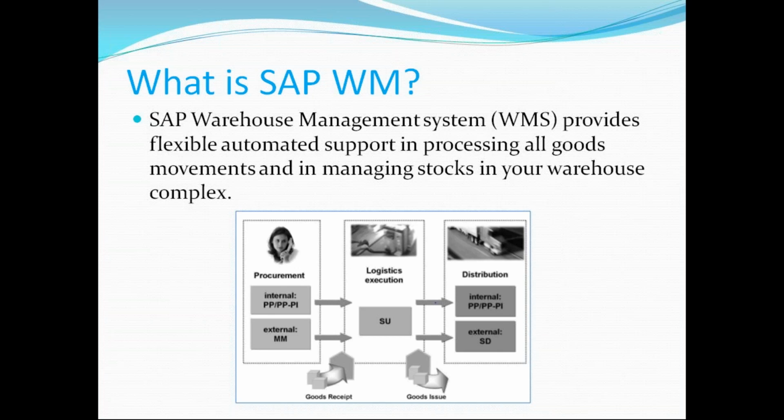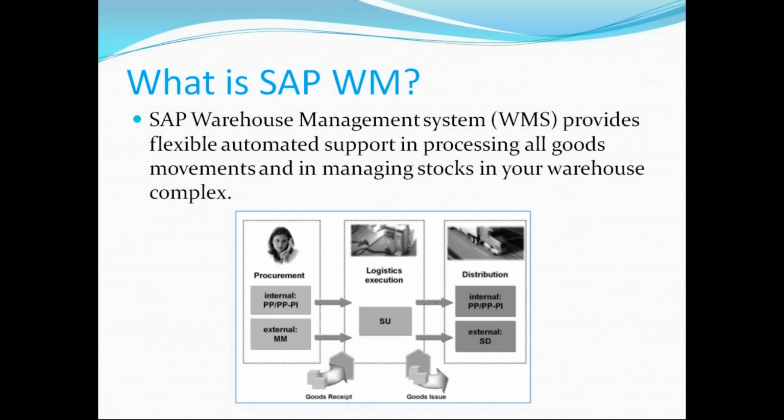Internal distribution is where your business has an internal manufacturing company, and you distribute the raw materials from the warehouse of your plant to your internal manufacturing center. So the warehouse module will be linked to the production planning department. Warehouse management will be providing the materials to your production planning department, and they will be using this material.